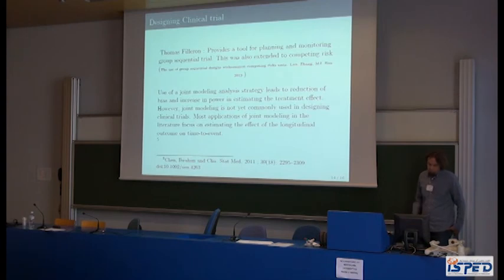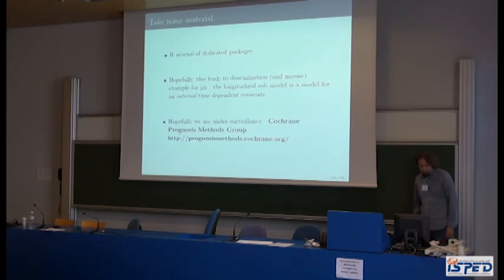Here, just a reference about how to plan a clinical trial based on joint modeling inference. It's a recent paper of Chen, Ibrahim, and Chu in Statistics in Medicine. So, I think it's quite close.